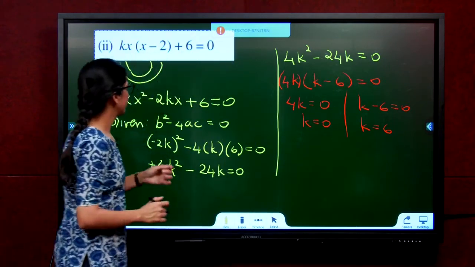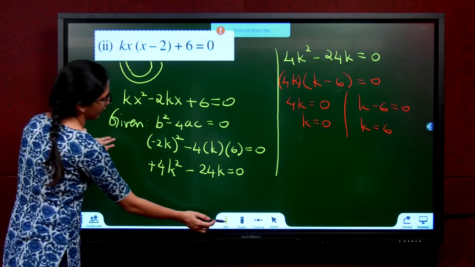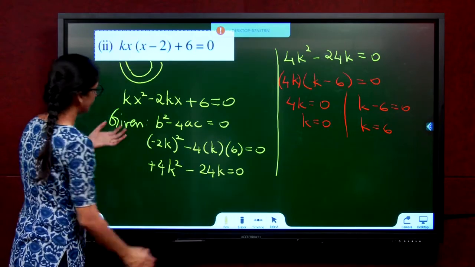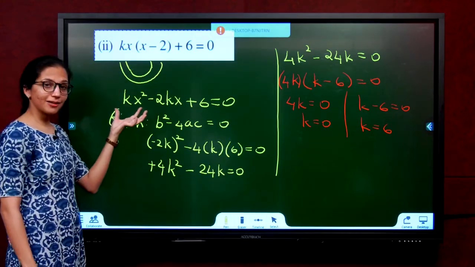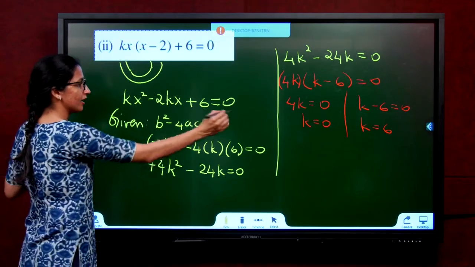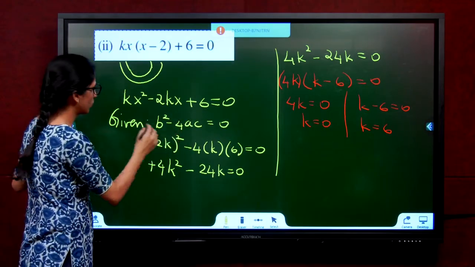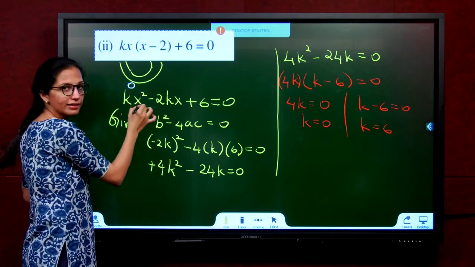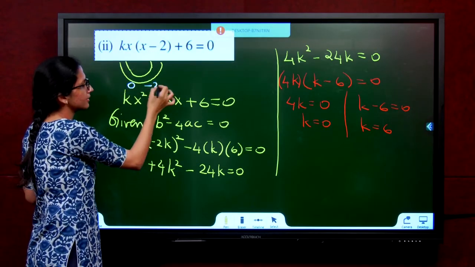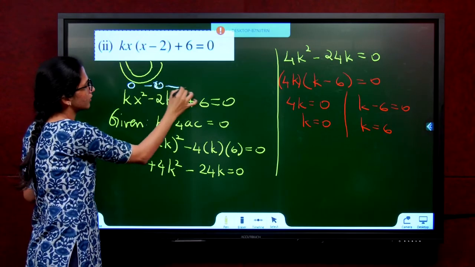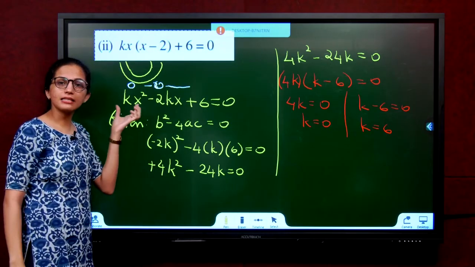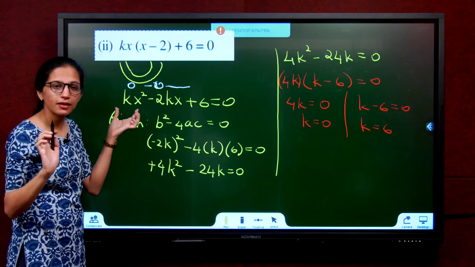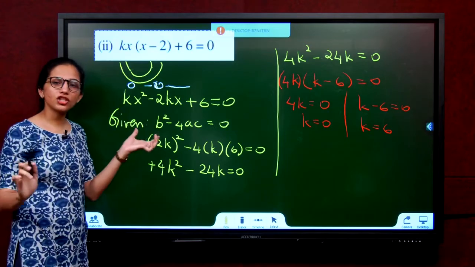No. Why? Observe carefully in the quadratic equation. First term has k in it. If I put k equals 0, what will happen? 0 into x square is 0, minus 2 into 0, whatever, something will happen. My first term vanishes. X square term vanishes.